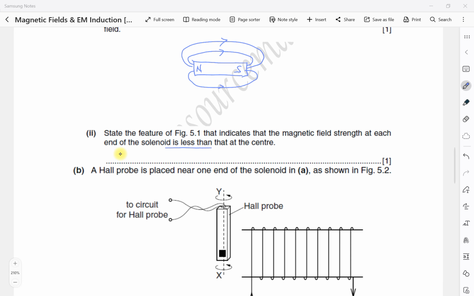So we shall simply say that the lines are more spaced out at the ends than at the center.